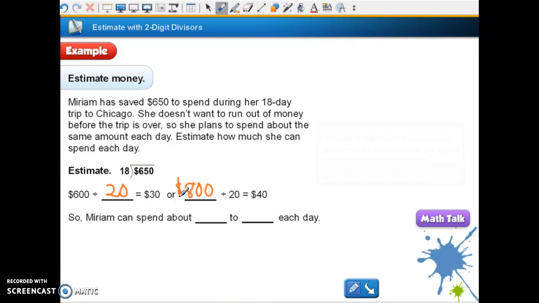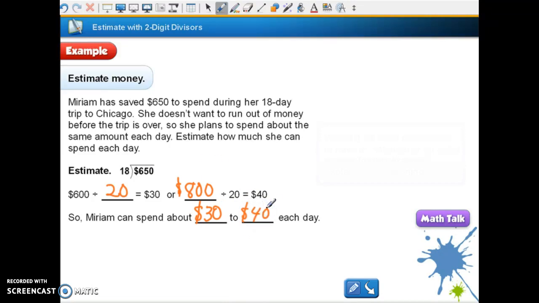And those are two numbers that are easily divisible. This time we had to also round our divisor up to something that we could divide easily. So Miriam can spend about $30 to $40 each day.